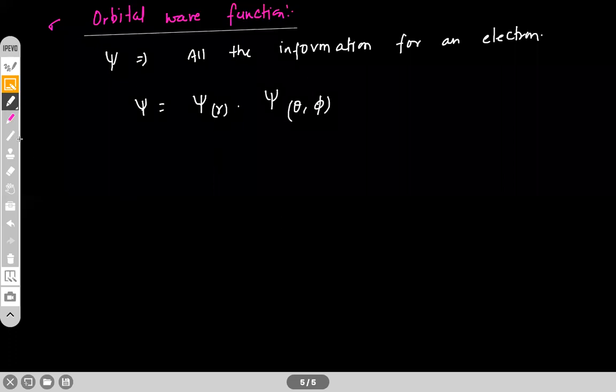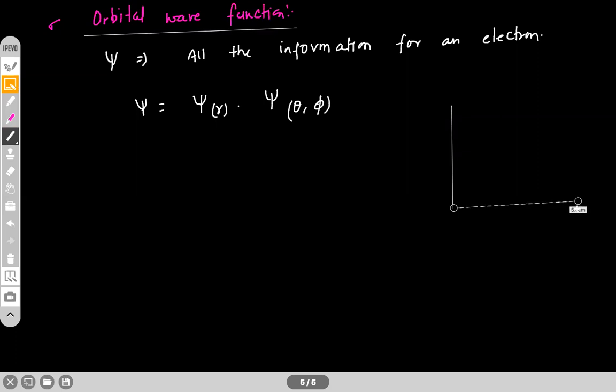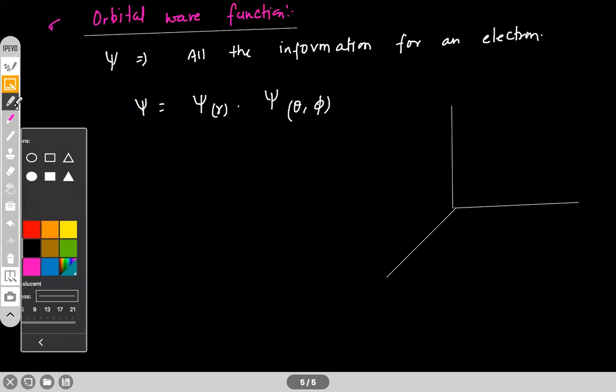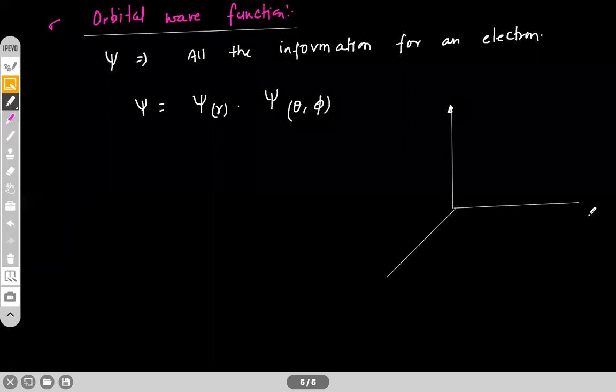So actually if you try to define the electron position, we take the help of polar coordinates here. Polar coordinates mean what?